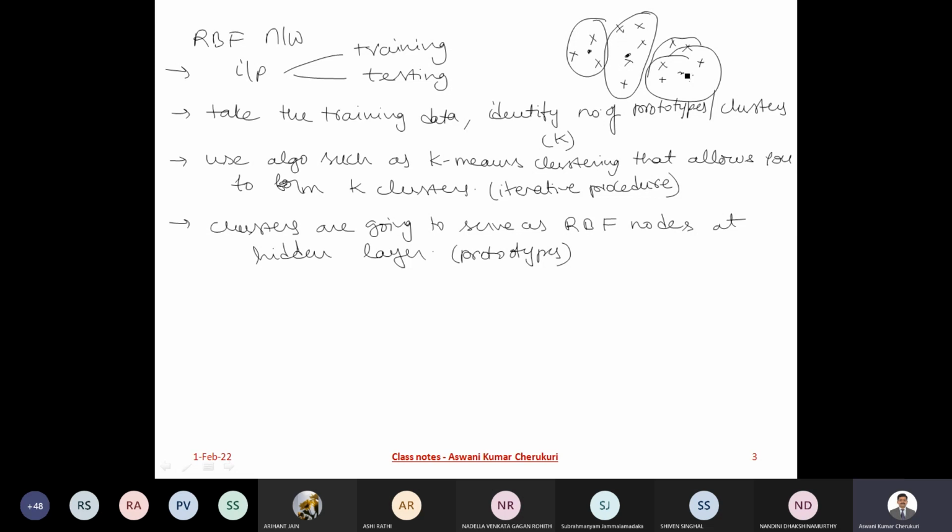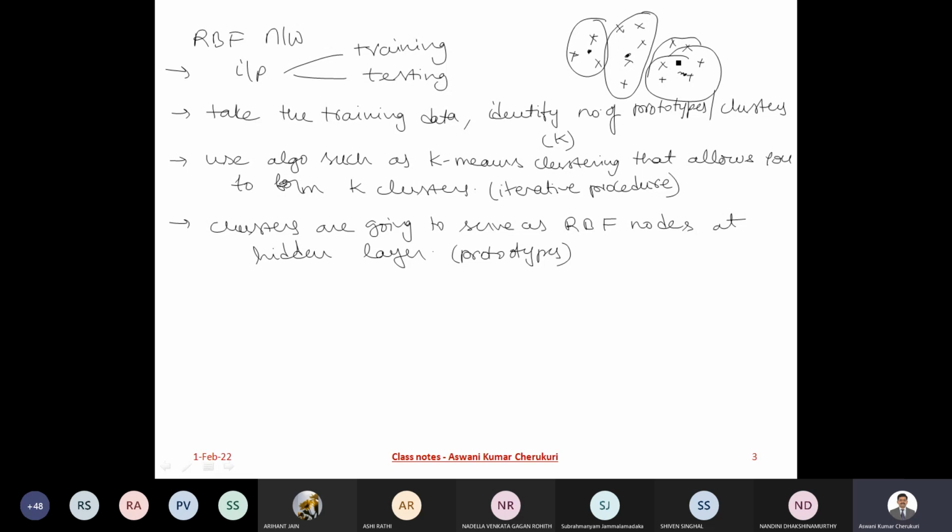For that purpose, it uses a distance measurement metric with which you identify the distance between every sample in the cluster and the cluster center, and the center is supposed to be at the center point. Using that distance between the points in the cluster and the cluster center, it identifies the cluster centers and forms the three clusters.